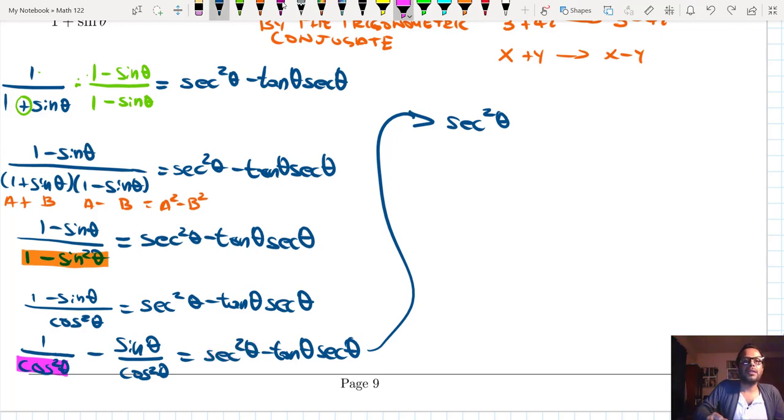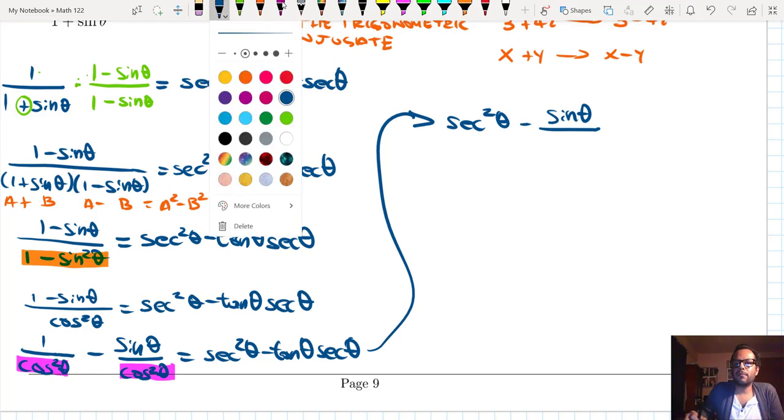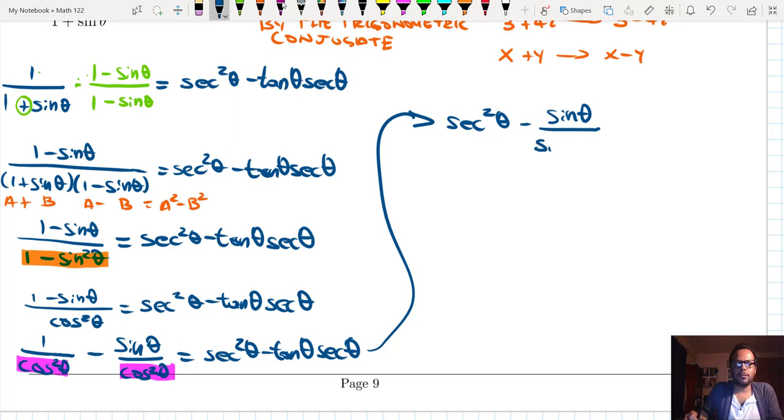Okay. Now, I'm going to break up this cosine squared right here. I'm going to break it up as cosine theta times itself, cosine theta, right?